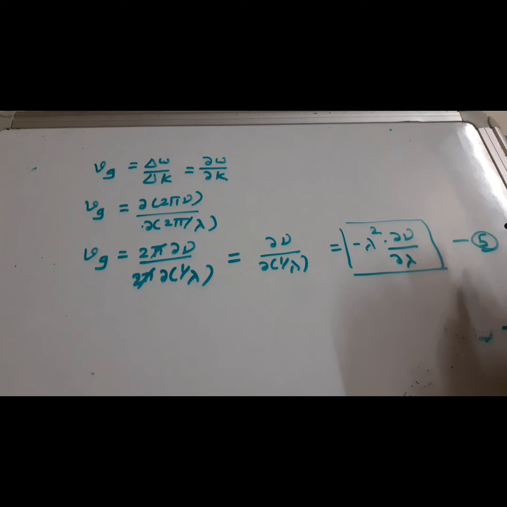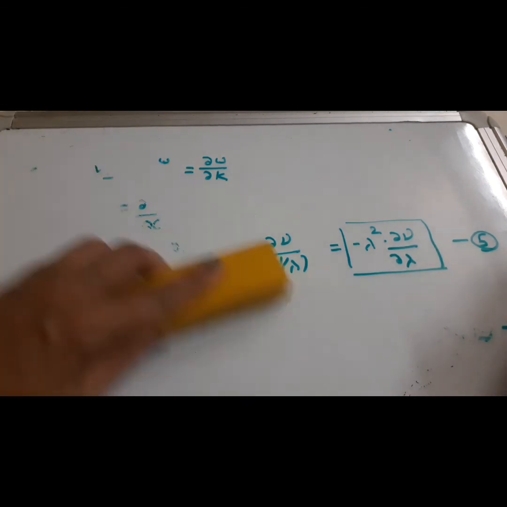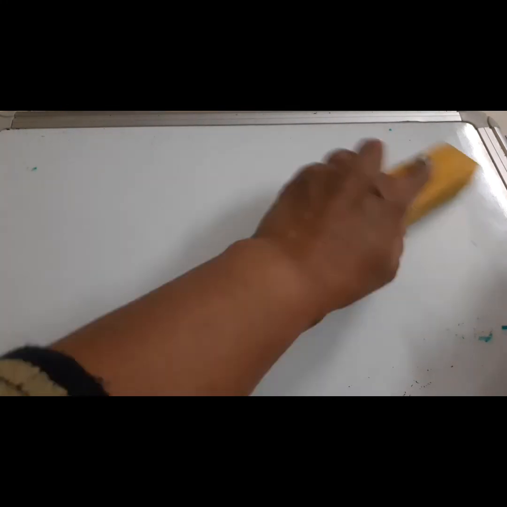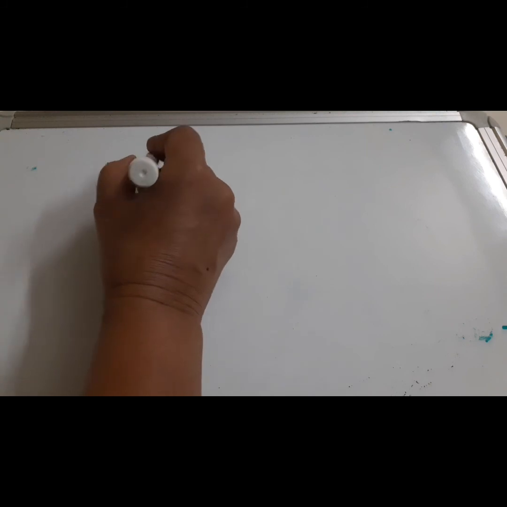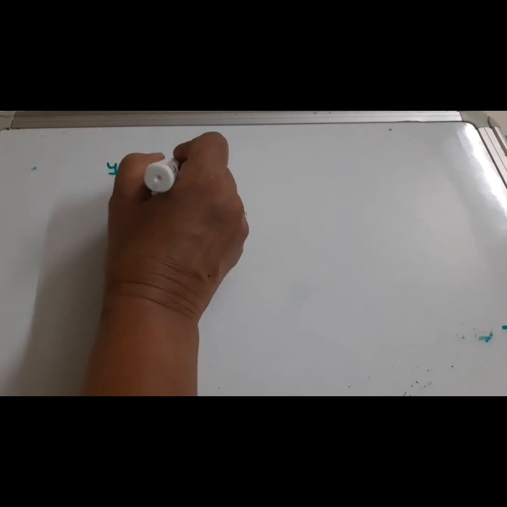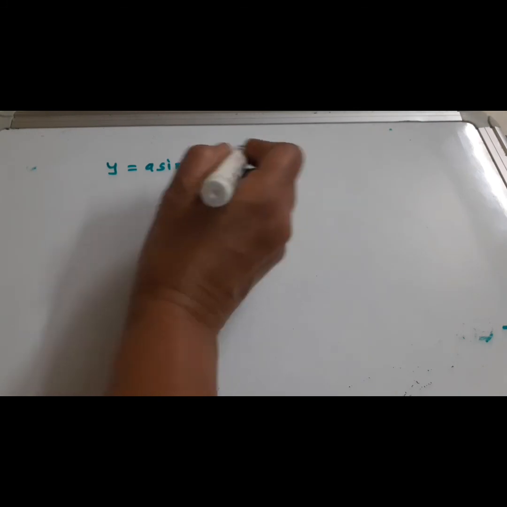Now consider the equation of a plane progressive wave. Then we can write y is equal to a sine of omega t minus kx.